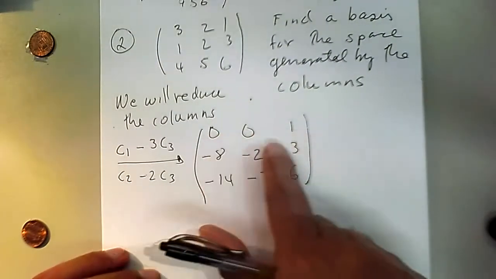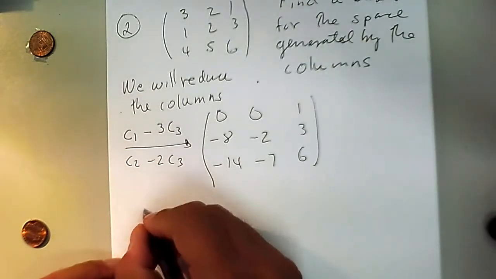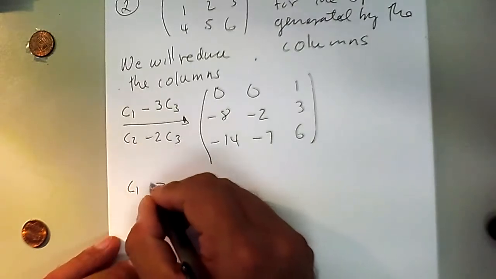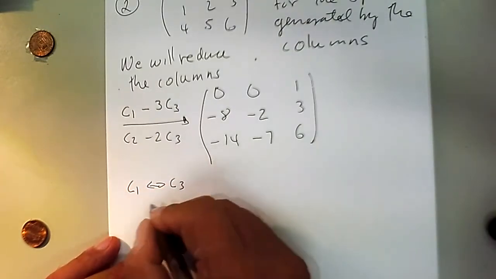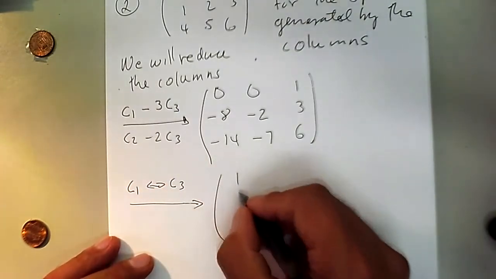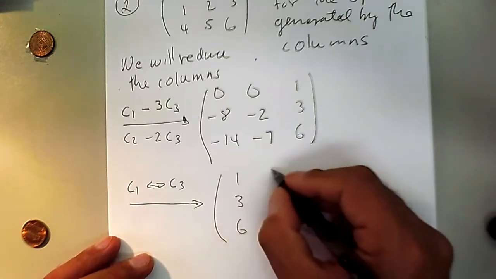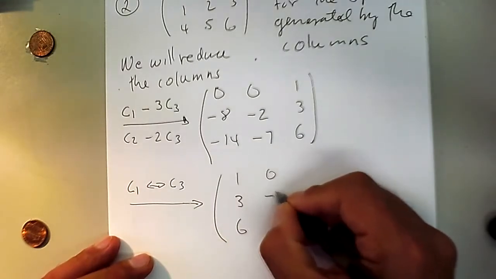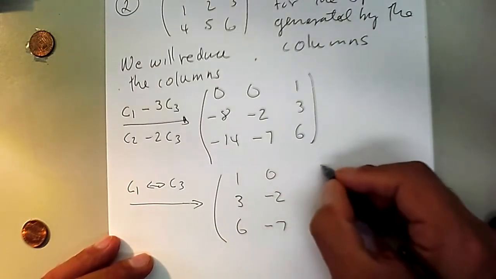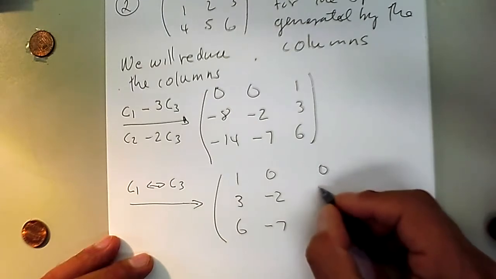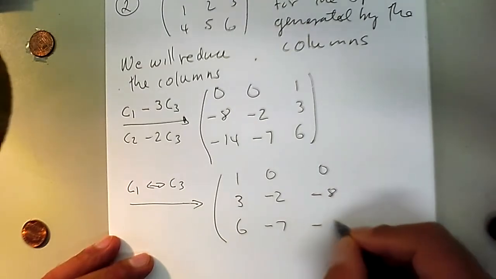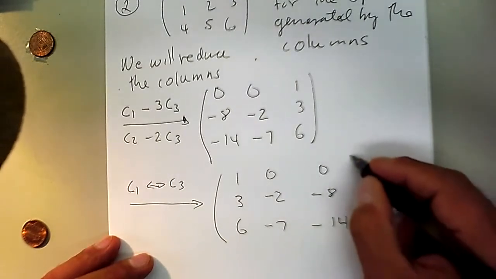I'm going to flip those two. We're going to exchange column 1 with column 3. So we get 1, 3, 6, 0, negative 2, negative 7, 0, negative 8, negative 14.